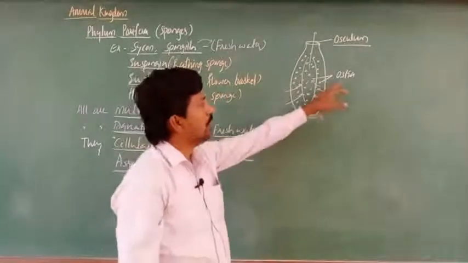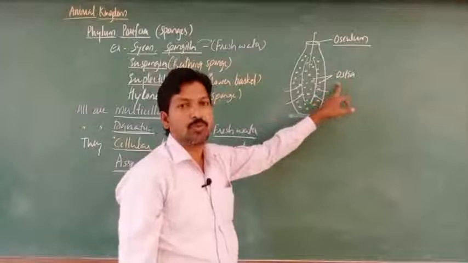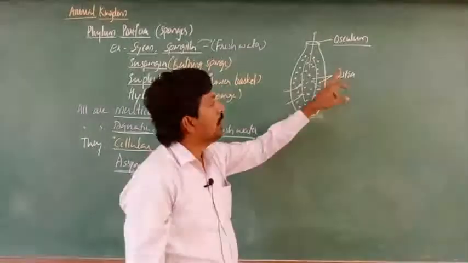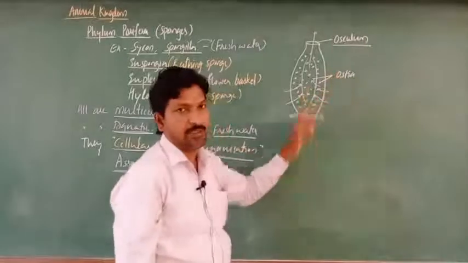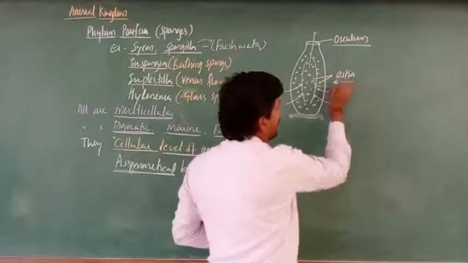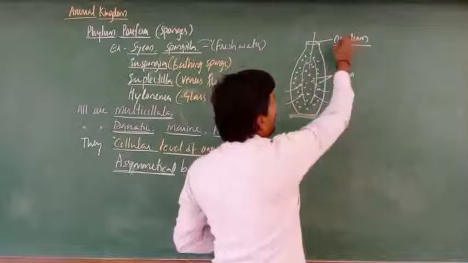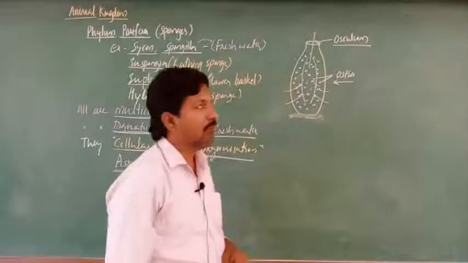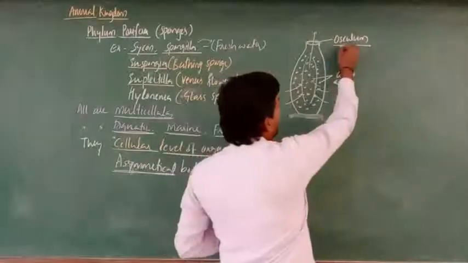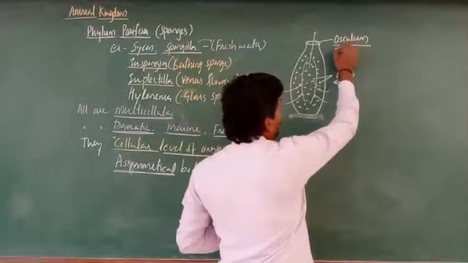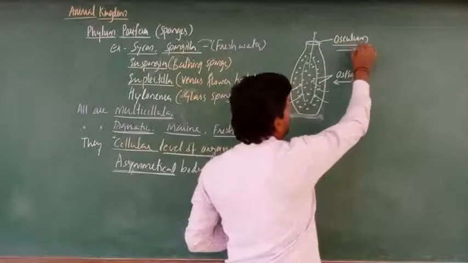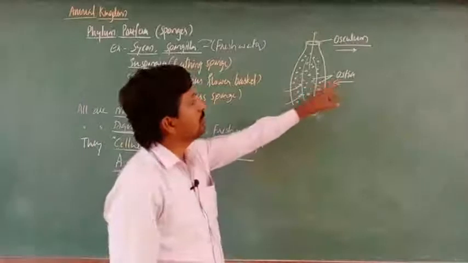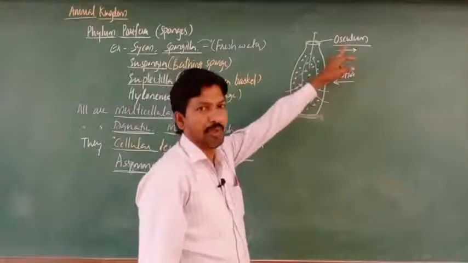So ostia are minute pores, innumerable in number, through which water enters inside the body. But the osculum is a little larger, and usually they have one osculum, through which water exits. So these are the functions of ostia and osculum, you remember.